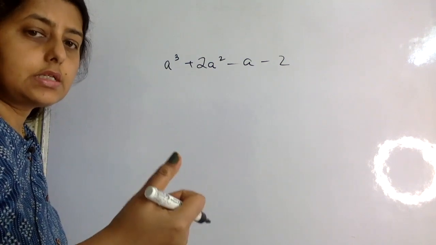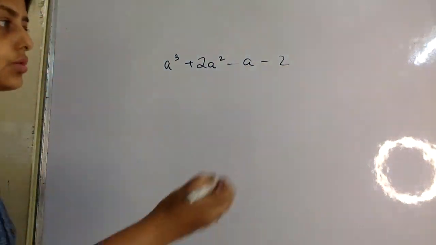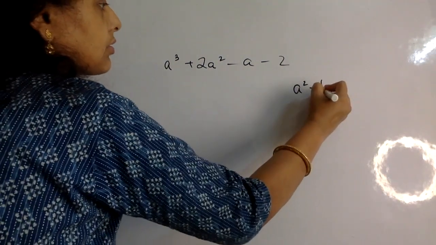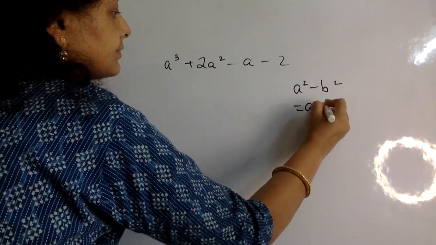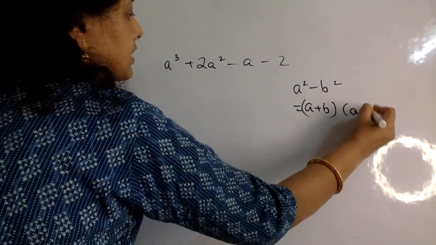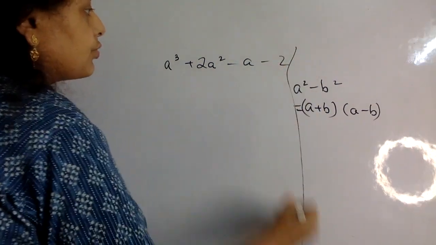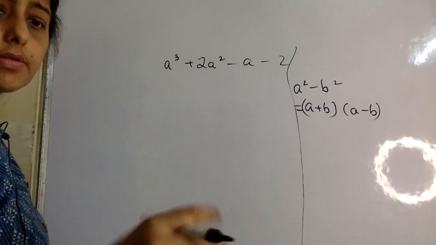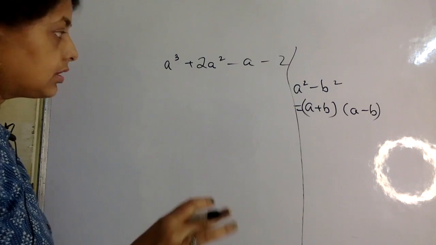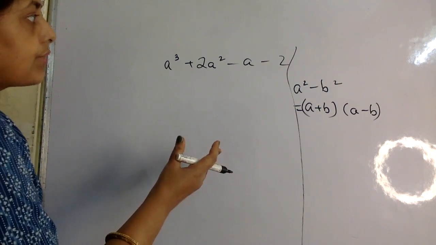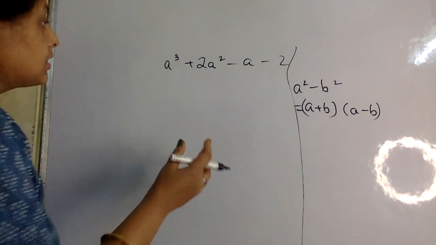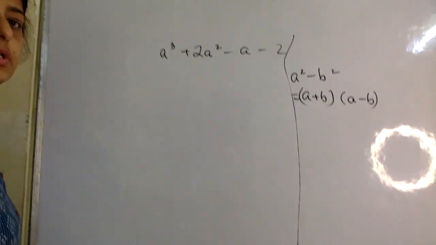Now what is the identity we are going to use? Let me write that also. We are going to use this throughout, as I said. This is what will be used throughout in this video. Now how do we do this sum? As I said, it doesn't look like a square minus b square question at all. So let's see.